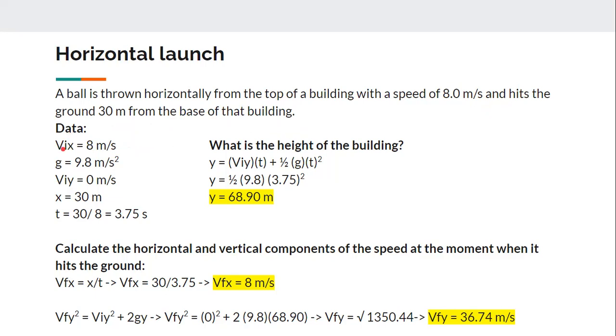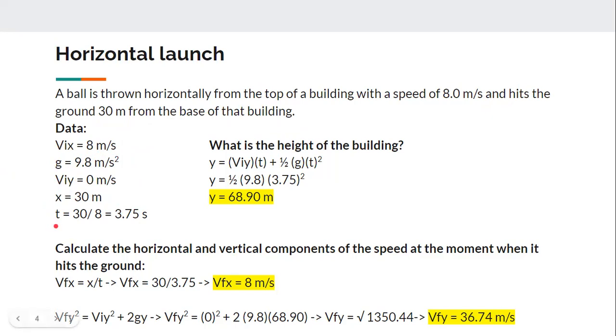The initial velocity of x will be 8 meters per second. In this case, the gravity will be positive 9.8 meters per second squared. The initial velocity of y will be 0 meters per second. We know that the distance in the x-axis is 30 meters. And with this information, we can get the time.